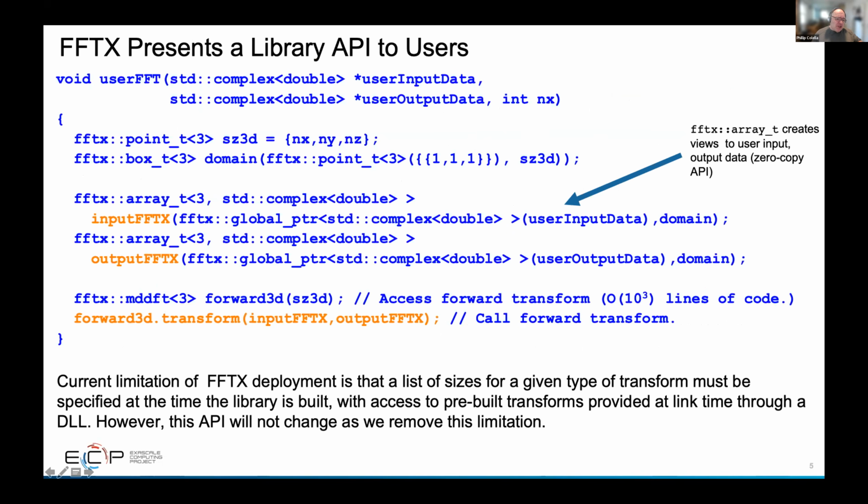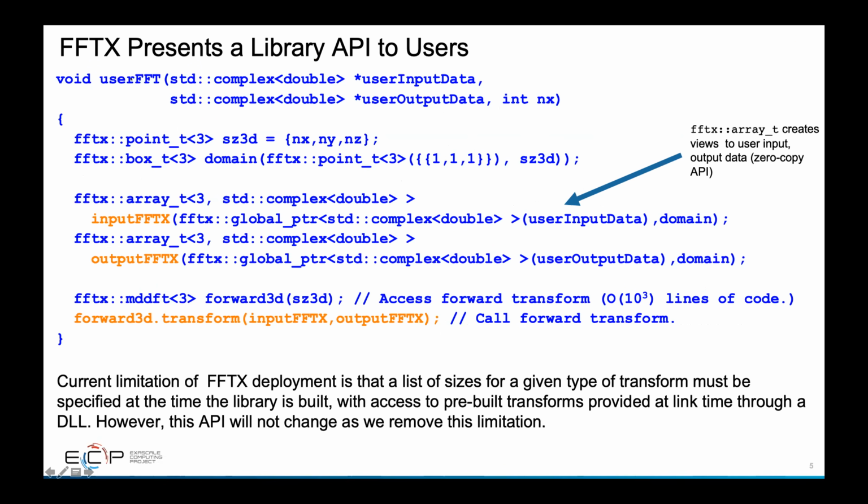Now, I'm going to show you, just to give you a sense of what FFTX presents to the users. What it presents is a library API. So what I've done is I've written a little fragment, a little piece of code.